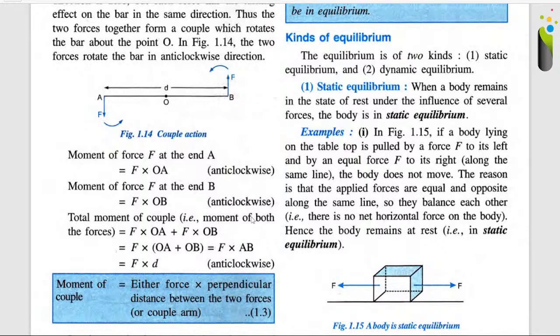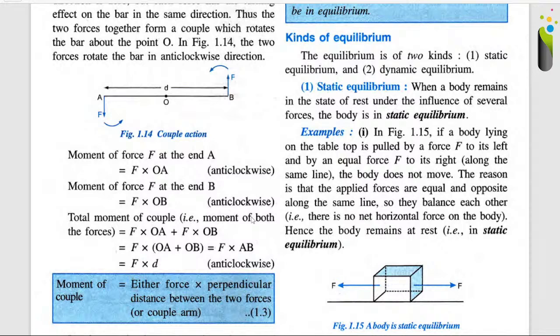So look at this particular diagram properly. Now, moment of force F at the end A is equal to F into OA, that is anti-clockwise. Moment of force F at the end B is equal to F into OB, that is also anti-clockwise. So total moment of the couple, that is moment of both the forces, is equal to F into OA plus F into OB, that is equal to F into (OA plus OB), that is F into AB, that is F into D, that is anti-clockwise.